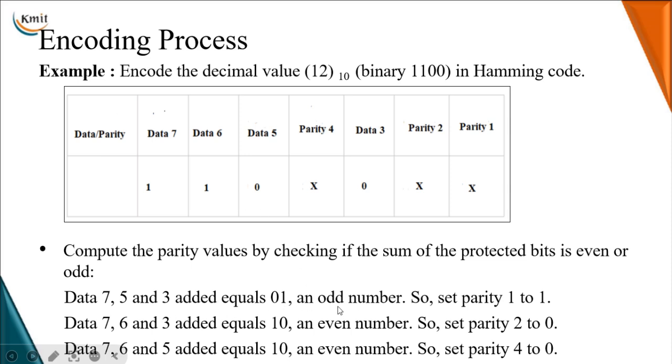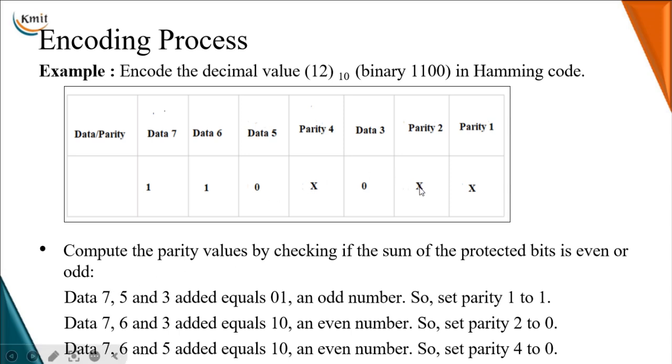To find parity 1, we check the positions 1, 3, 5, 7. 1 is itself a parity bit, so its value depends on 3, 5, 7. 3 is 0, 5 is 0, and 7 has a data bit of 1. So the number of ones here is 1. Hence, to make even parity, parity 1 value must be 1.